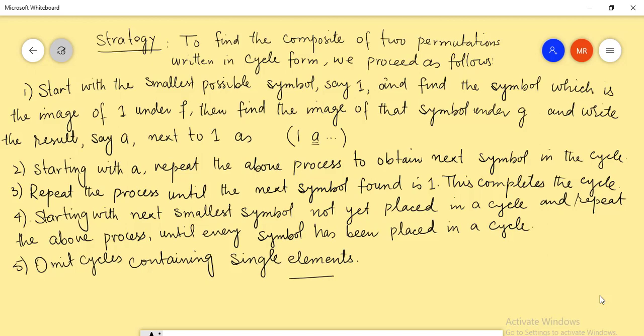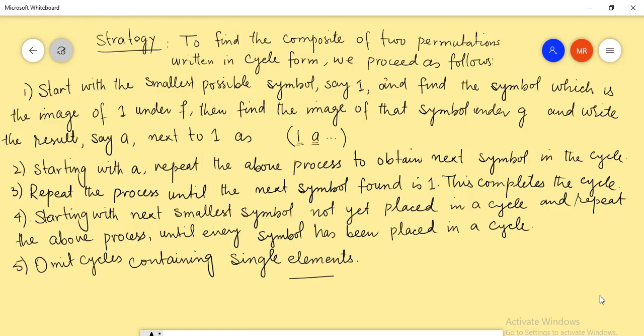That is, we find the image of A under F, and then the image of that under G, and write that image next to A. And then we repeat the process until the next symbol found is 1, that is, we receive the first element again.